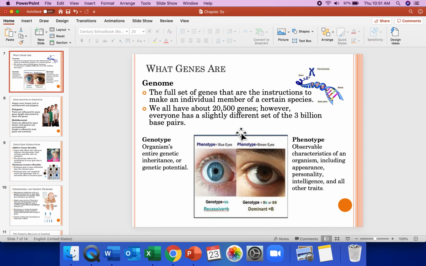All right, next we'll talk about the variations, but from a different perspective. One term that I want you to know is genome. A genome is basically the set of instructions that are needed to make a particular member of a species. The human species, which is Homo sapiens, has been studied for many years by many scientists, and finally around 2001 we were able to figure out, or decipher, the human genome.